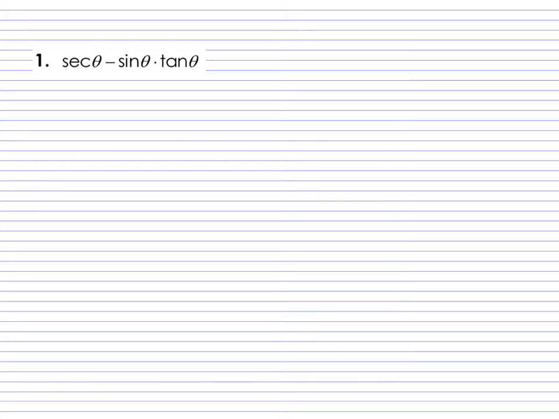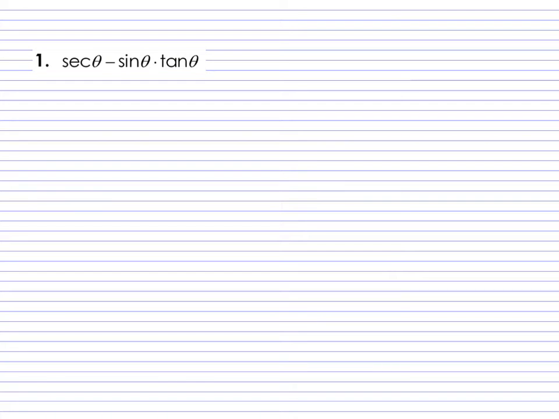In number 1, it says secant of theta minus sine of theta times tan of theta. So what we want to do is simplify this into maybe one trig expression or maybe one number. The first thing we're going to do, if you're not sure where to go, is start by taking all of those expressions and turning them into sines and cosines.